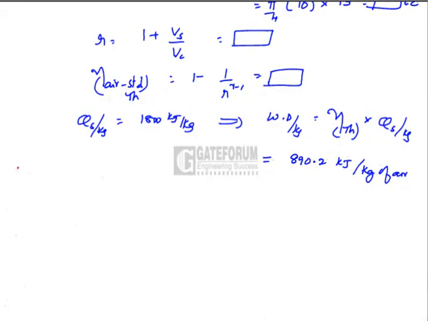Now let us consider another problem regarding maximum work of the Otto cycle. It's a small derivative type problem, given like this.